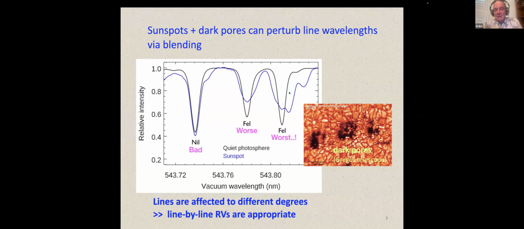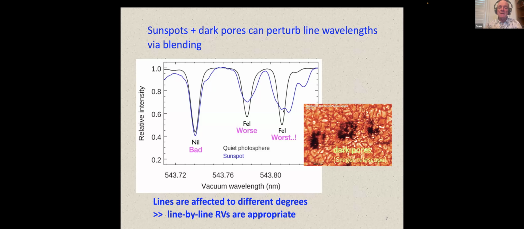So different lines can be affected by line blending to a different degree. This line at the longest wavelength here, I would expect that in the spectrum of the sun as a star, that line would be a real problem because it will be blended with cooler lines from dark pores and sunspot umbra when the sun is active.